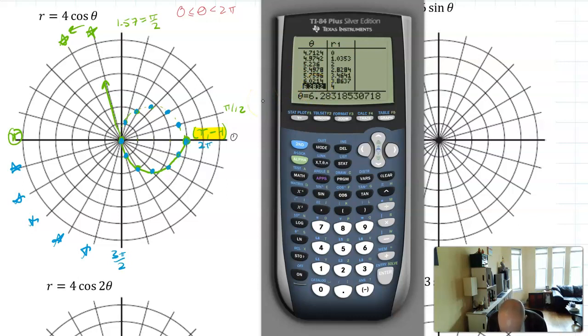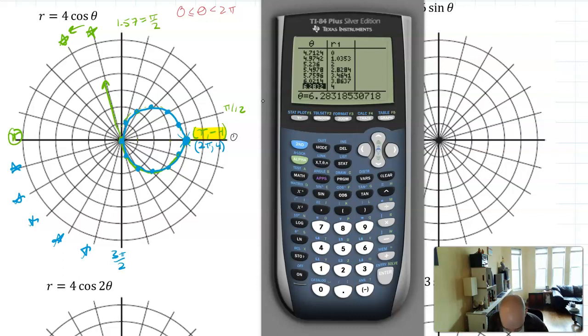So it's also 2 pi, comma 4. So the circle actually hits this point right here 3 times as it goes around. And it traces over a full circle, not once, but twice, through its trip from 0 to 2 pi. So that's one weird thing about polar circles.